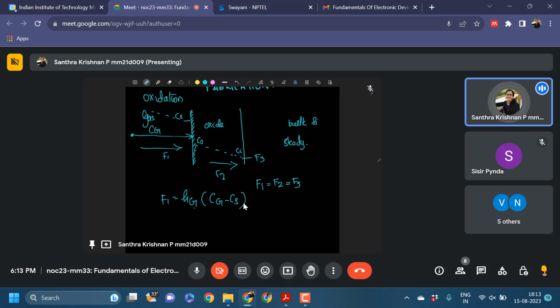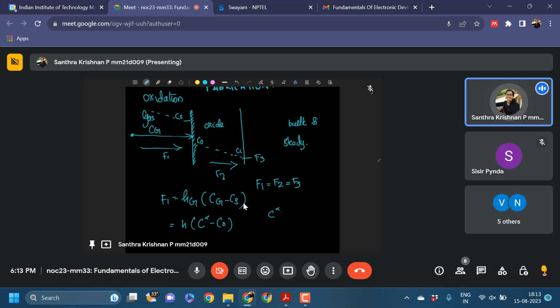So Hg here is the mass transfer coefficient in the gas phase. Now we will be rewriting this equation in terms of C star, so we'll write it as h into (C star minus C0).